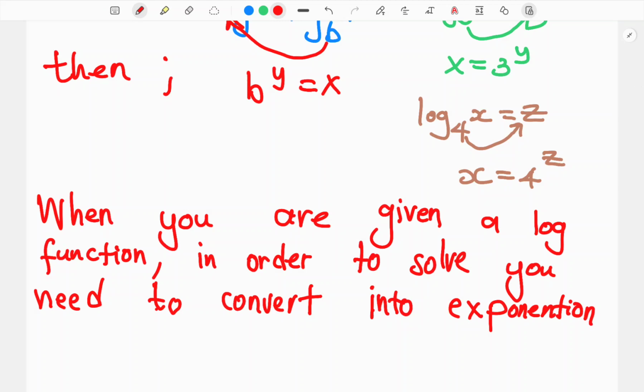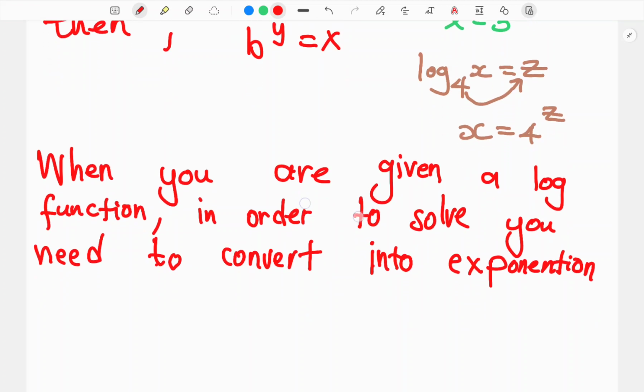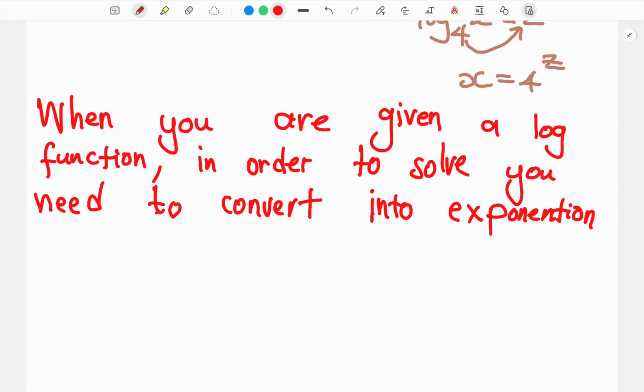If you are given an exponential equation and you're required to solve for x or y or whatsoever, then in order to find the answer, you need to convert it into logs. In the next video I'll do examples on this, but the first thing I need you to understand is what's going on, as a build up to the problems we're going to solve in the next couple of videos.